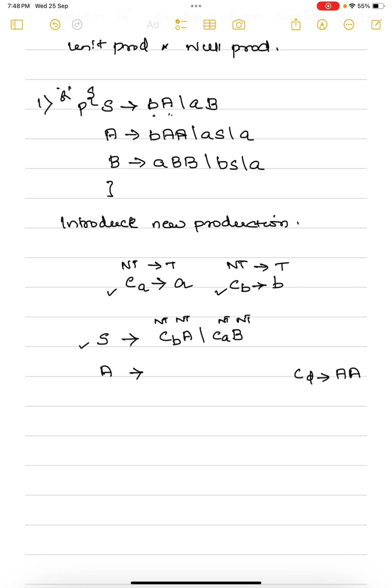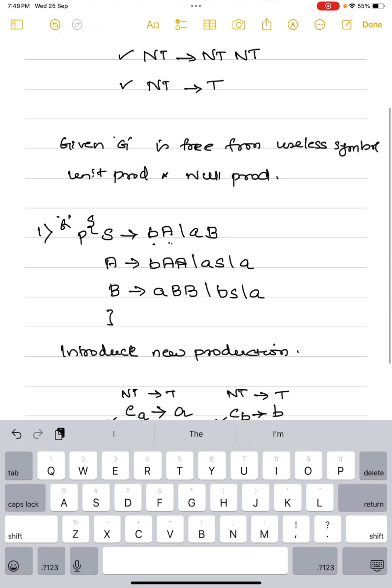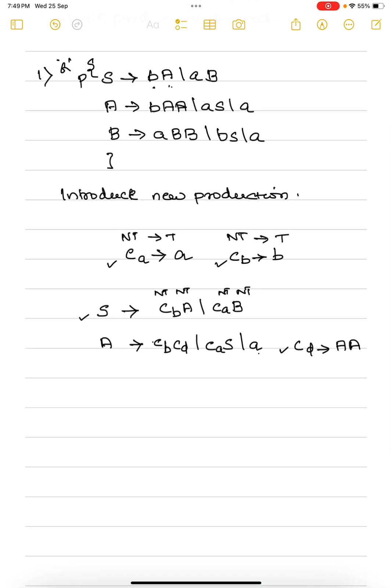Now I can make this BAA as C_b C_D. Now instead of aS, I can say C_a S, and for a I can leave it as a. There is no need to replace this with C_a, because that would become a unit production, which is not allowed in Chomsky normal form. A goes to a, a non-terminal tending to a single terminal, is allowed, so let me leave it as such.